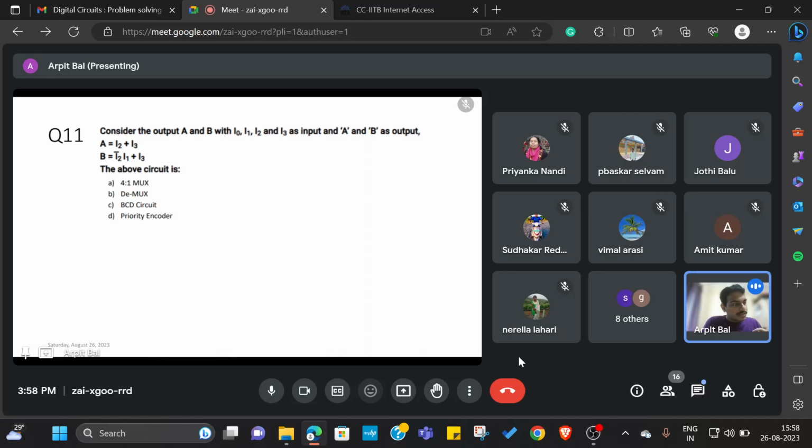So let us look at this particular question. Consider I0, I1, I2 and I3 as inputs and A and B as outputs.